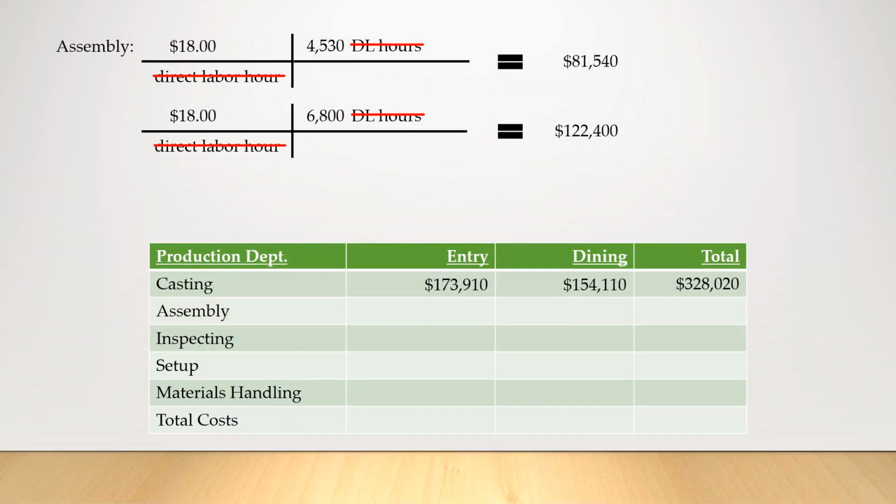Log these two amounts in our table for tracking total activity costs. The total assembly cost for our two types of fixtures is $203,940.